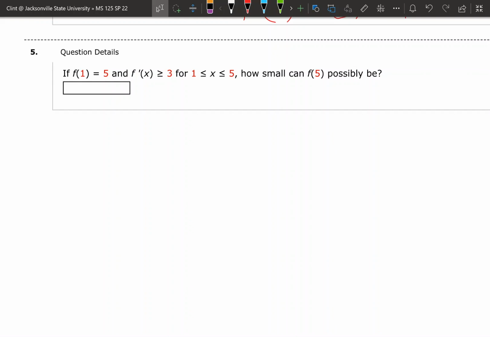Okay. So we are using the mean value theorem here. So we're saying some value in here such that this.